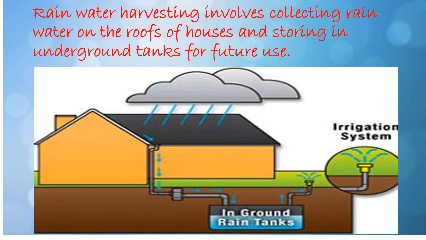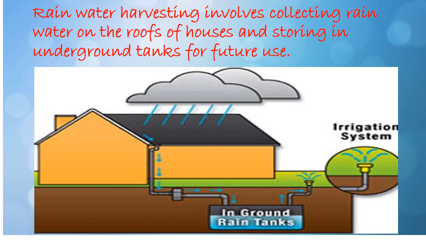Children, as we know, rainwater is the cleanest and purest form of water on earth. So we should try to save this rainwater. That is why we do rainwater harvesting. In rainwater harvesting, first we collect rainwater on the roofs of houses, and through the pipeline this rainwater is stored in ground tanks.